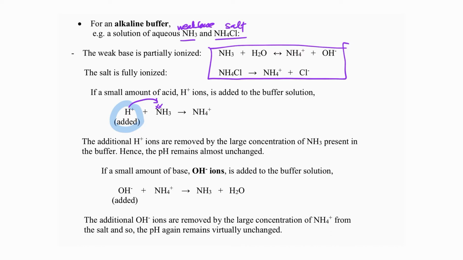When there is OH- added, the ammonium ion will be the proton donor. It donates H+ to neutralize OH- to form NH3 and H2O. So this is how a buffer maintains the pH.